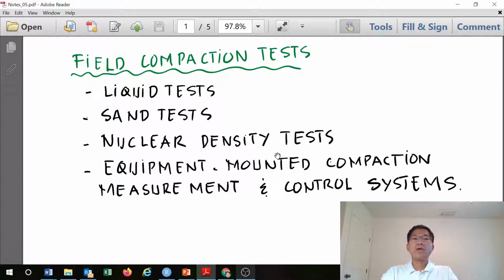But now, with equipment like Caterpillar and some other compaction equipment, they have an equipment-mounted compaction measurement and control system.